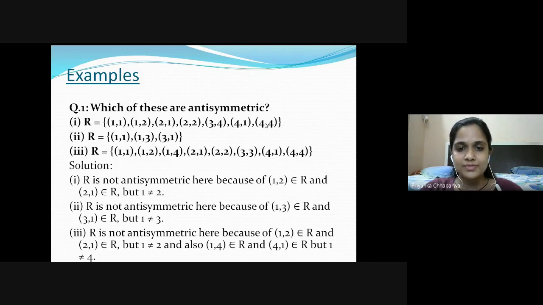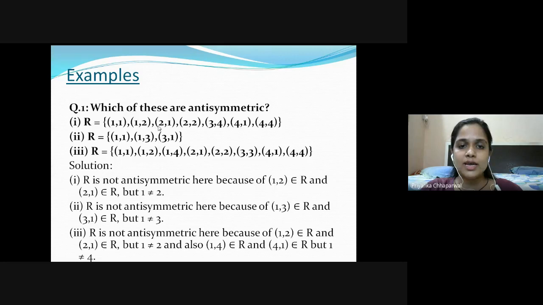It is not antisymmetric. Why? We have many reasons. First, (1, 1) belongs to R, it is okay, because A is equal to B, both are equal. But here (1, 2) belongs to R and (2, 1) belongs to R, but 1 is not equal to 2, and the condition is not given here.